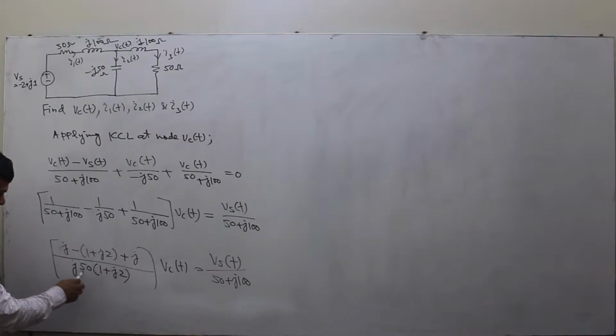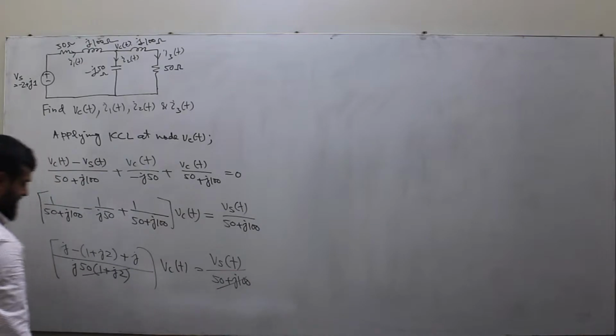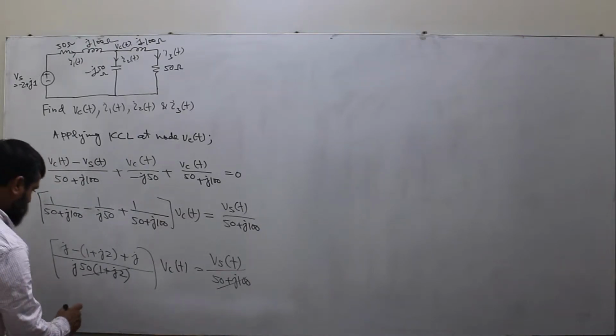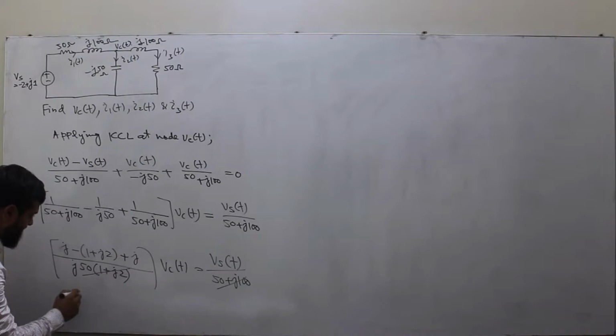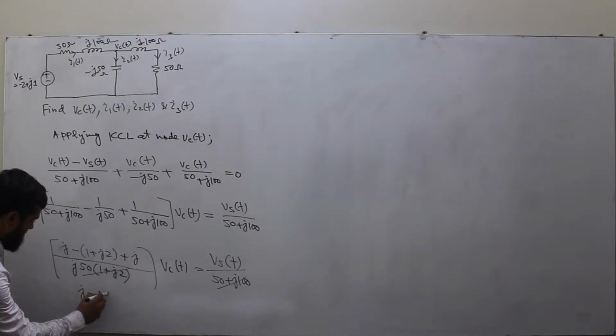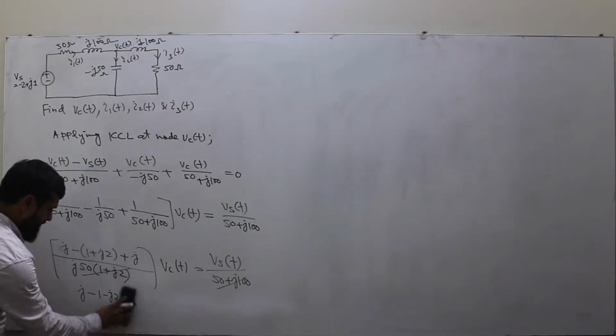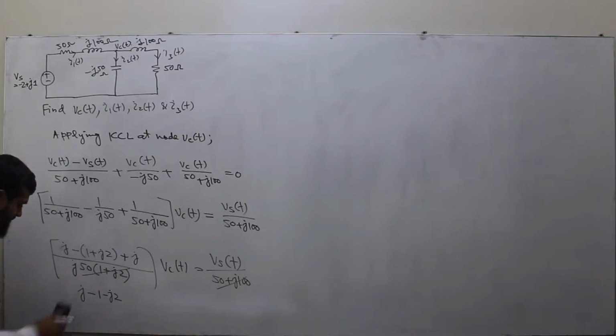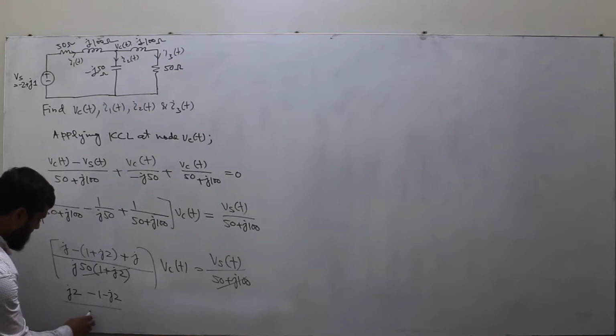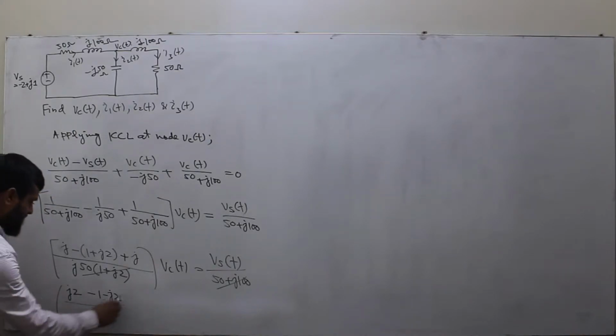So simply you can see this 50 into j2 is cancelled out with this one, and what we have is j plus j is 2j, so j minus 1 minus j2 plus j, or we can actually show these both together as 2j2, divided by only j. So this is what we have.